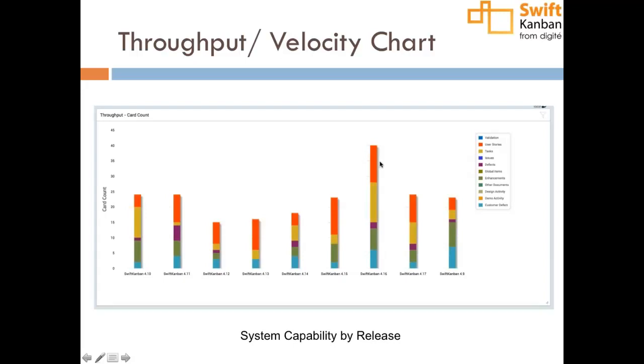And again, you can plot this by the mix of work that you're doing, because that represents the reality of what your team does. You're able to look at the picture based on just a few months of data and forecast the kind of work that you can commit to doing in the future, just looking at the throughput or velocity chart.